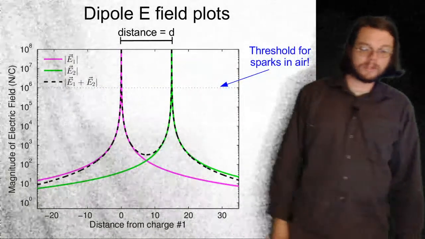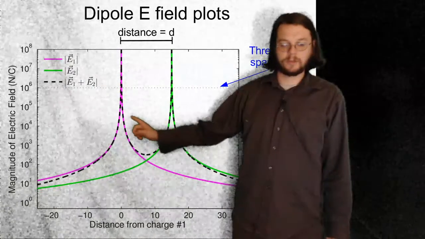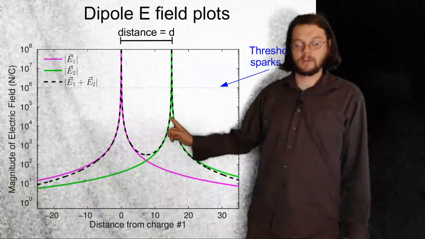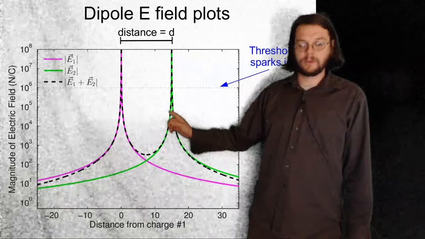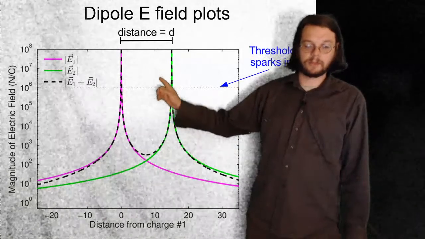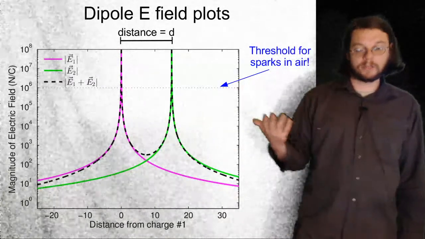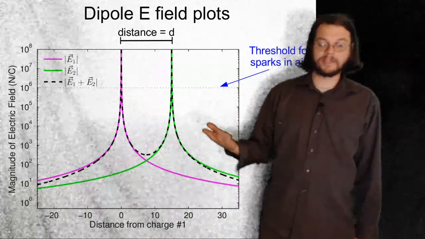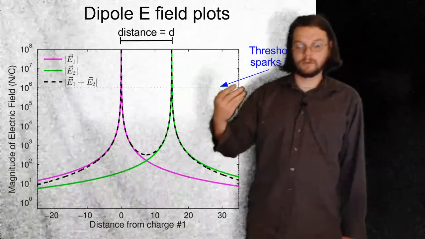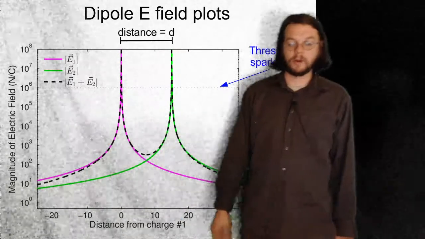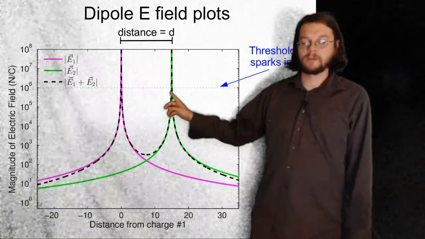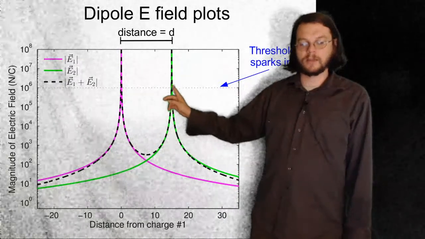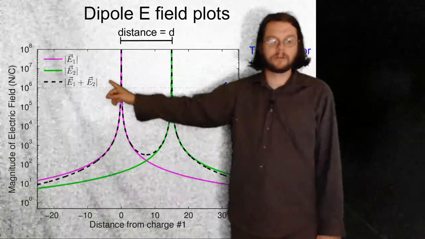The way that you get sparks is that if you have, say, a positive charge here and a negative charge here, and the electric field is above 10 to the 6, then the air can potentially ionize. If the air can ionize, then you can create a plasma. If you can create a plasma, then you can potentially create a spark. But the thing is that to get a spark, technically the air is ionizing around here and around here.